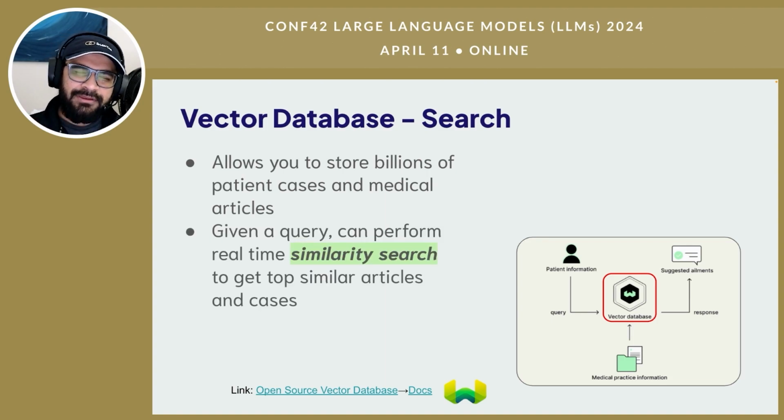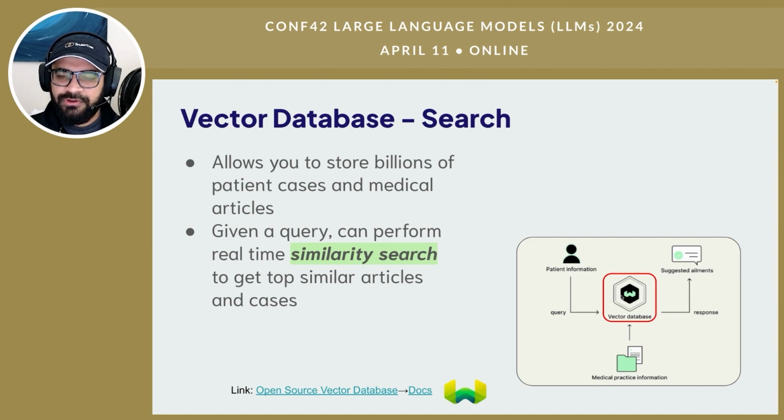When a new patient walks into your office, you can ask them about the problem that they're having, and you can use their unique information as a query to the vector database. This vector database is going to perform a similarity search, where you say to it: here's the information for this new patient I have.